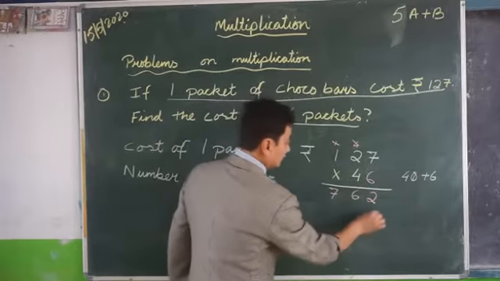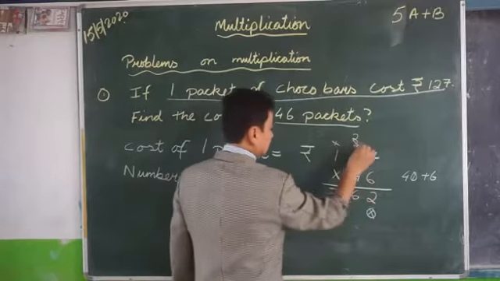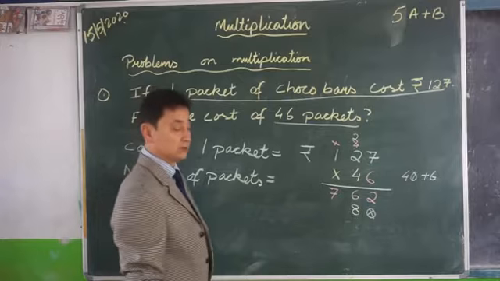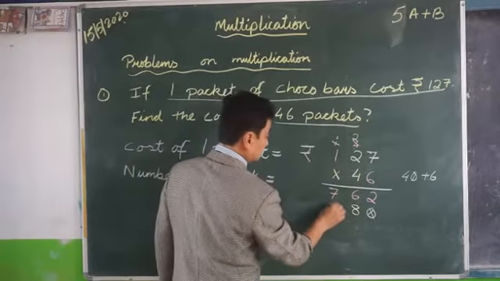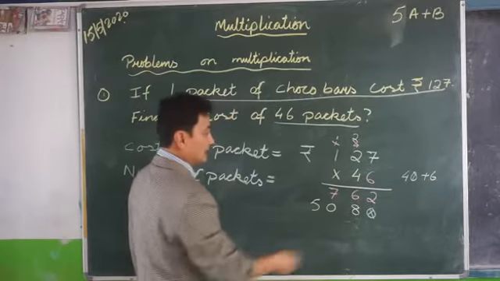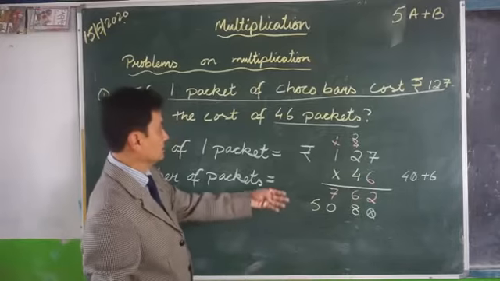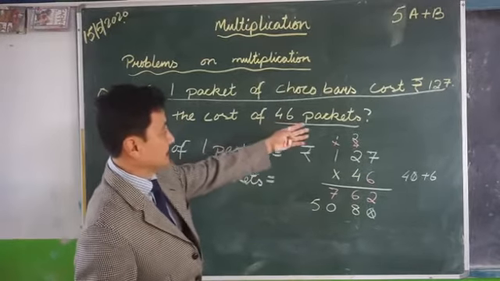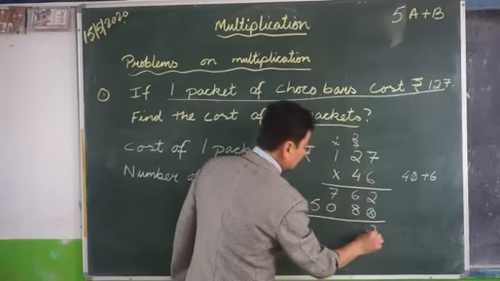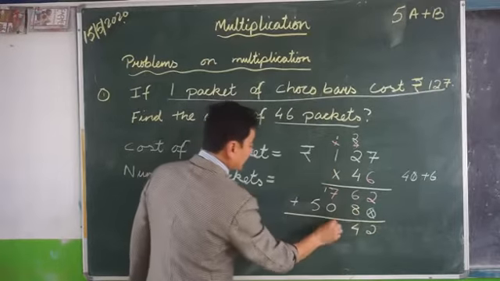So from there we put a 0 or a cross. 4 sevens are 28. 4 twos are 8 plus 2, 10. 1, 0. 4 ones are 4 plus 1, 5. And to get the overall answer, or to get the amount of how much 46 packets cost, we have to add. 2 plus 0, 2. 6 plus 8, 14. 1, 4. 7 plus 1, 8.